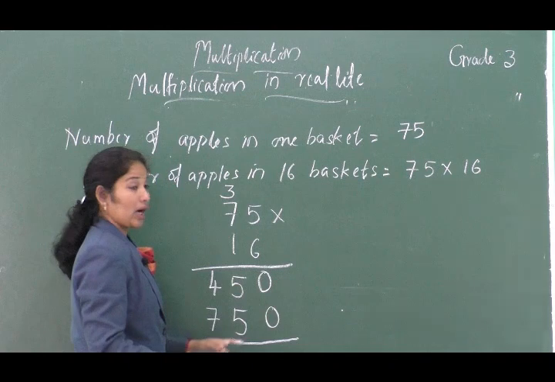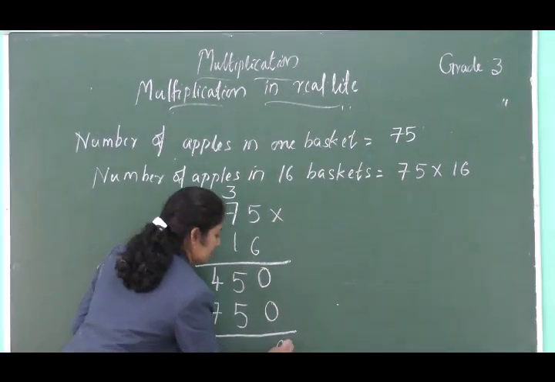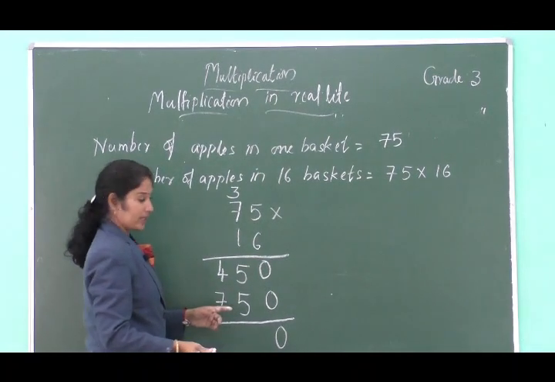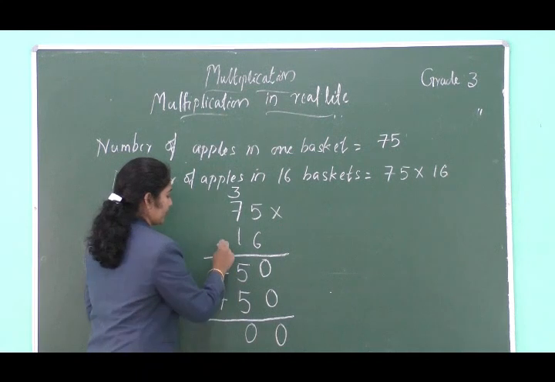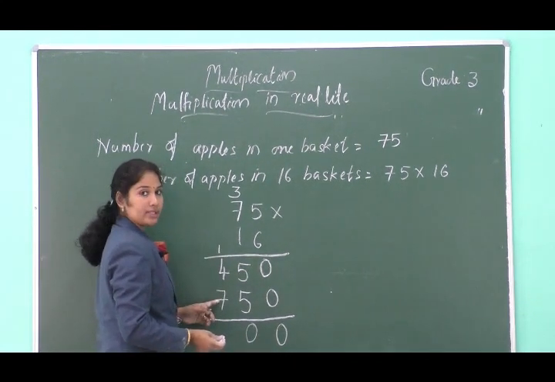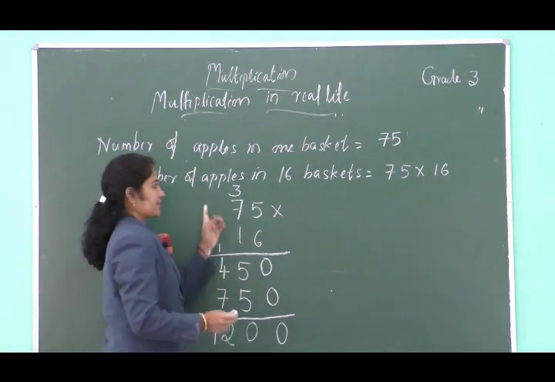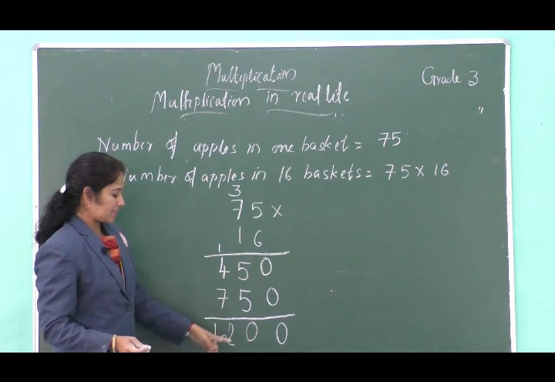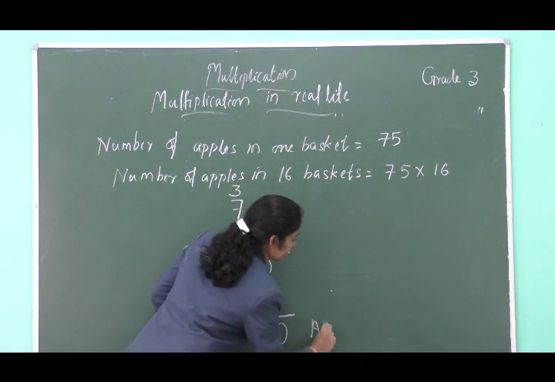Last we have to add. 0 plus 0 is 0. 5 plus 5 is 10, 1 carry over. 1 plus 4 is 5. 5 plus 7 is 12. So, in 16 baskets, how many apples are there? Yes, 1200 apples.